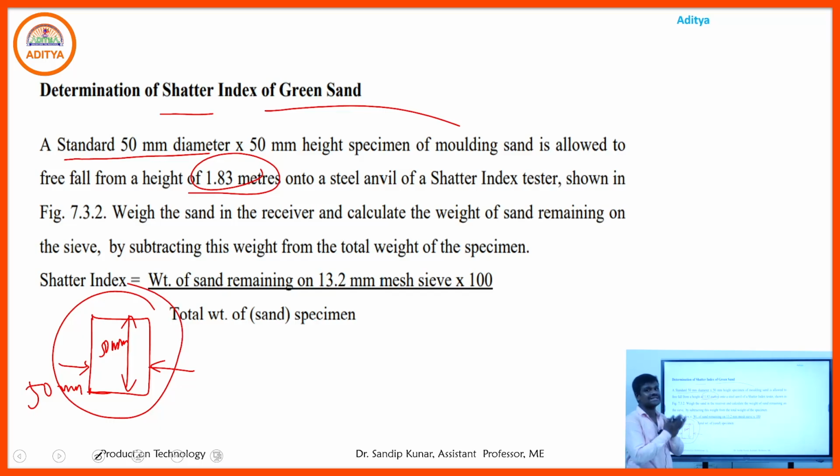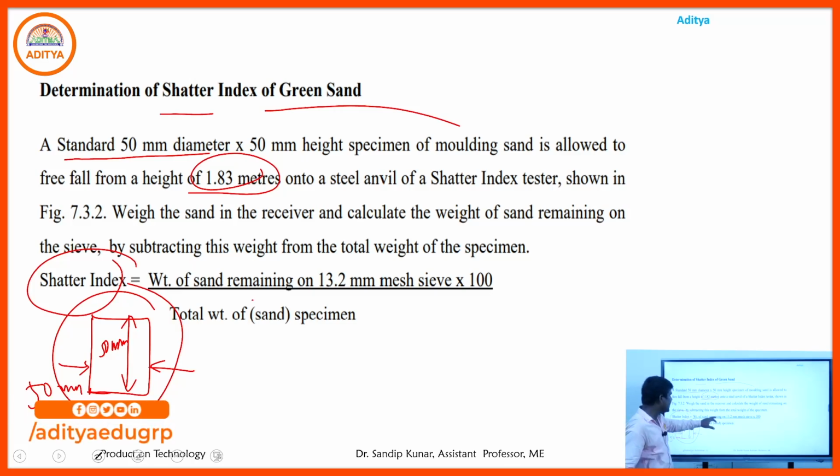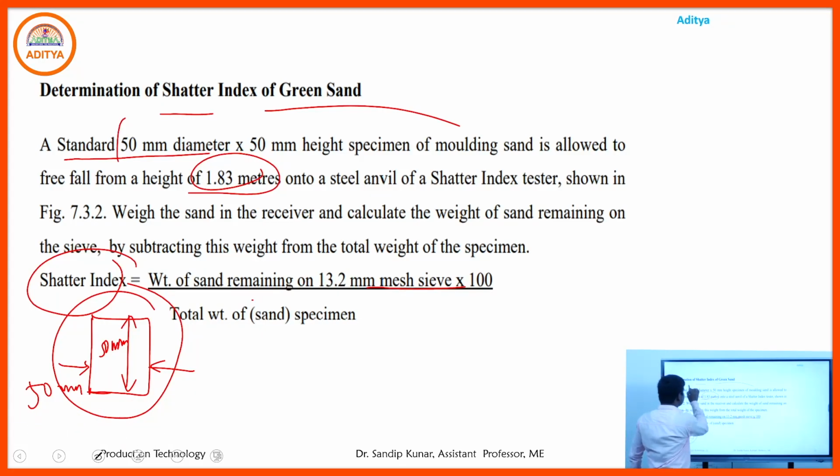Based on the weight of that remaining material, we determine the shatter index: the weight of sand remaining on the 13.2 millimeter mesh size sieve divided by the total weight of the sand specimen, which is 50 millimeter diameter by 50 millimeter height.